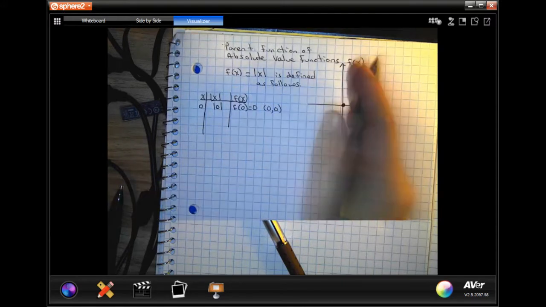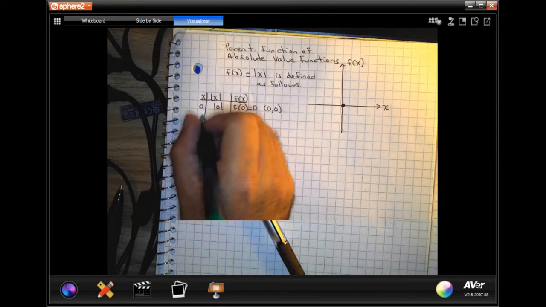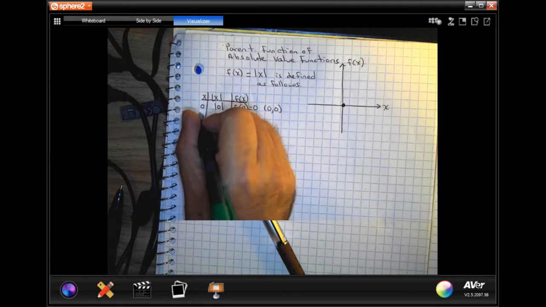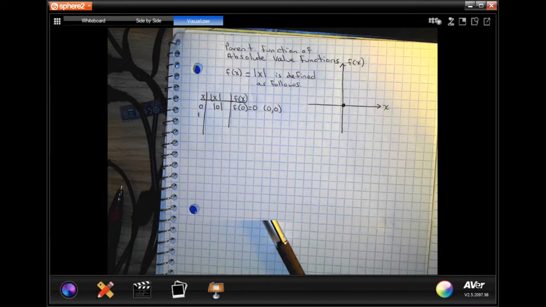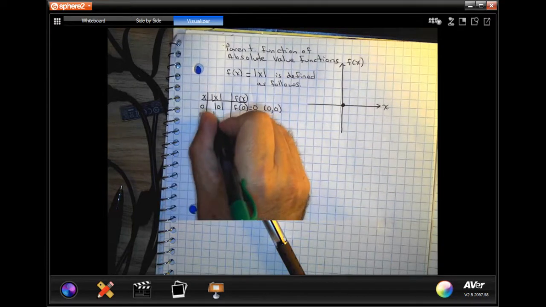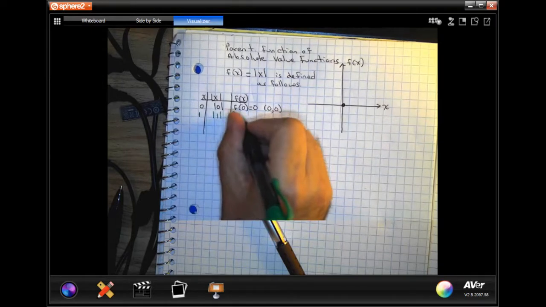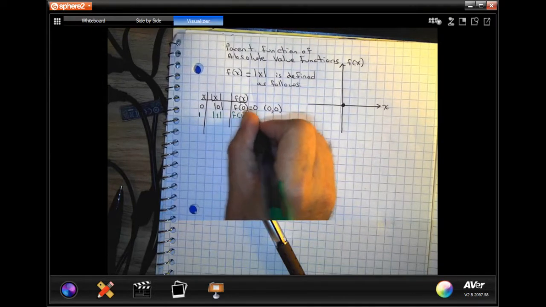Let's look at the right-hand side of that vertical axis. When x is 1, the absolute value of 1 is equal to 1.